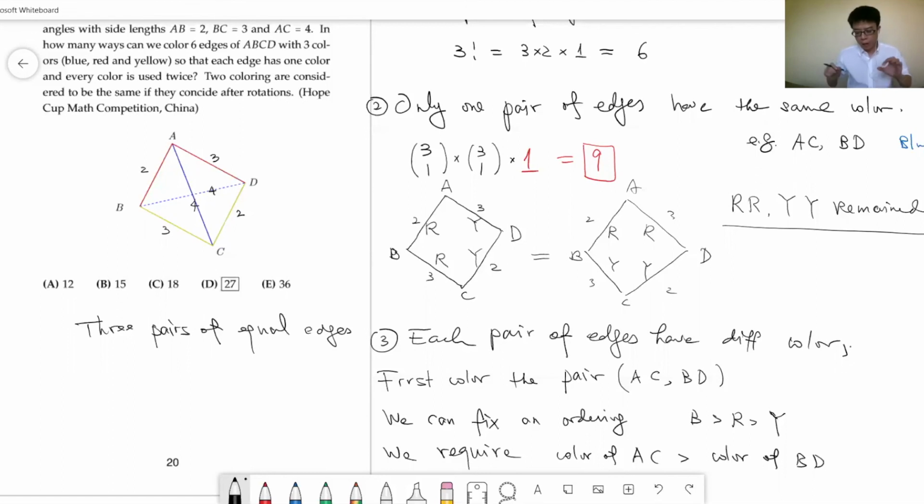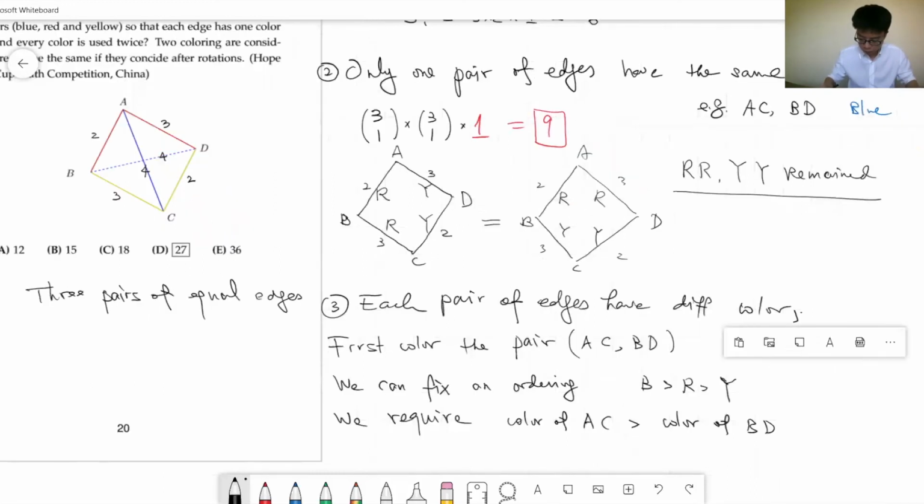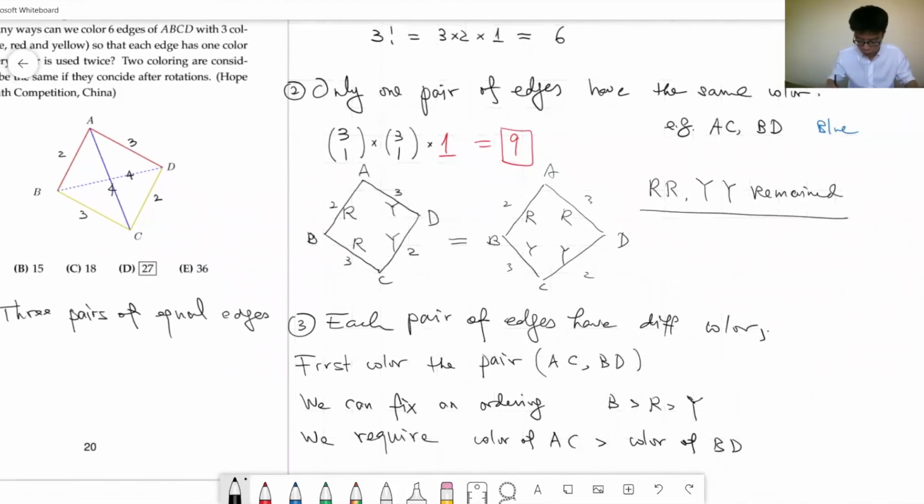So now if I assume this ordering and I put this requirement, basically I just don't flip. Okay, let's just not flip. So in this way, we can color AC and BD in three ways, because we just need to choose two colors. We have three colors, we choose two colors, and the order is automatically determined. We have three ways to color AC and BD.